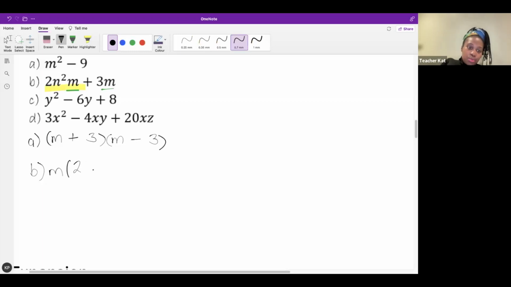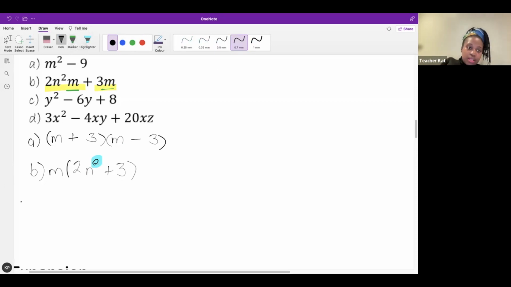A 2, an n squared, and then plus what will be left for my second term over here? Nice, a 3. Now, just because this is an n squared, do we have a difference of 2 squares here? No. So we are done factorizing.